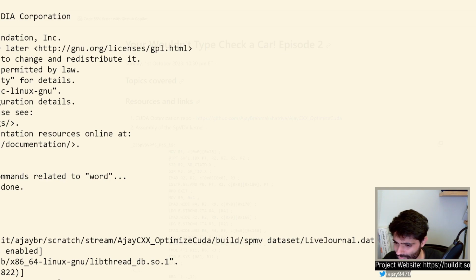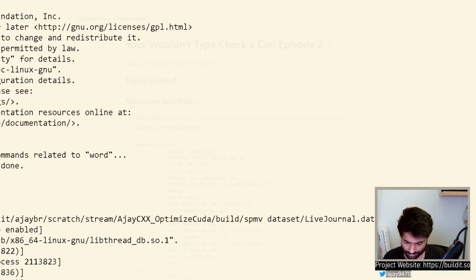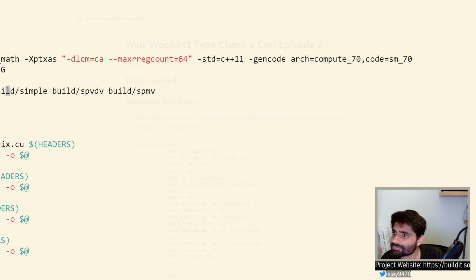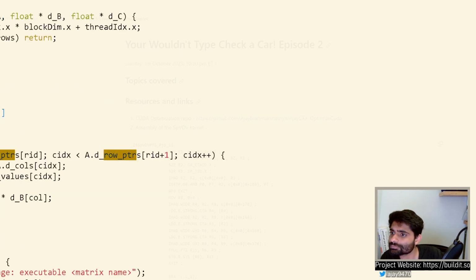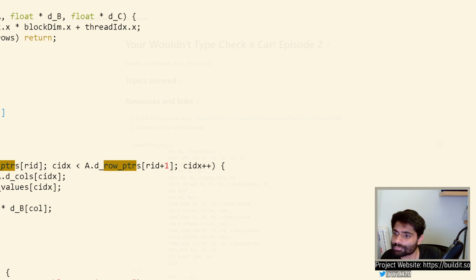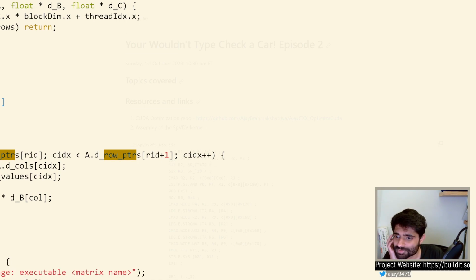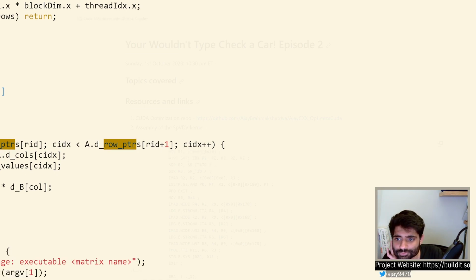and it exits normally. Interesting. Did I add a return by accident? If thread ID is greater than or equal to A dot num rows, this is fine. Row pointers, columns, values. Oh, okay, no, this should be fine.